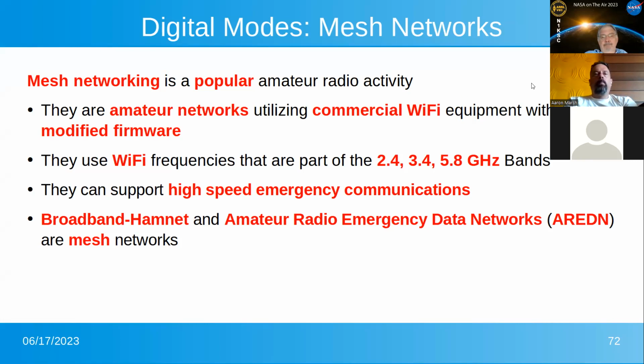Okay, like I said, it's modified commercial equipment, usually routers or access points where they use some modified firmware. I don't know any more about it than that. It uses the same Wi-Fi bands, 2.4, 3.4, and 5.8 gigahertz. Most of your Wi-Fi stuff and cell phone stuff is either 2.4 or 5.8.